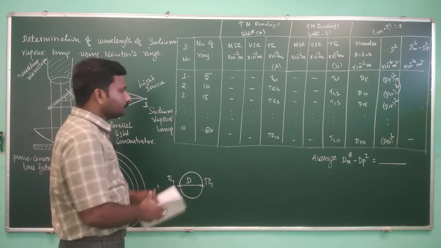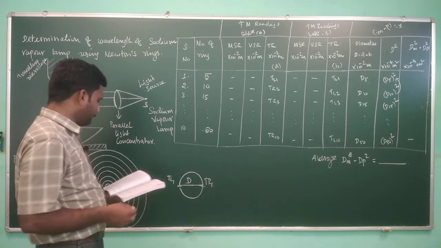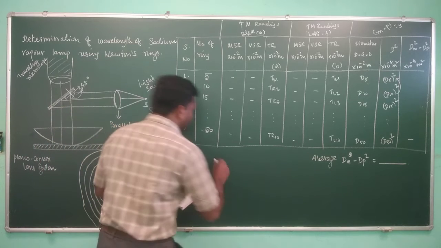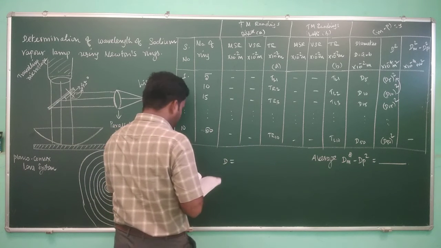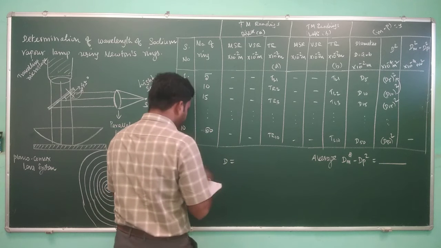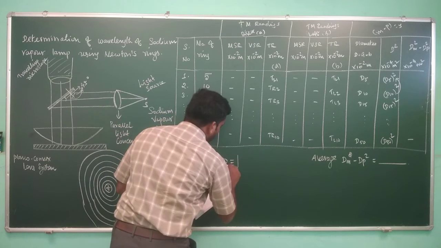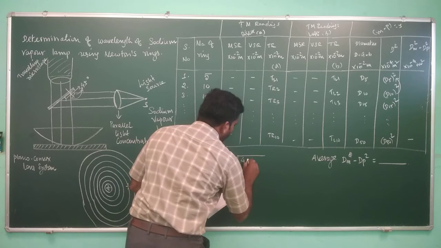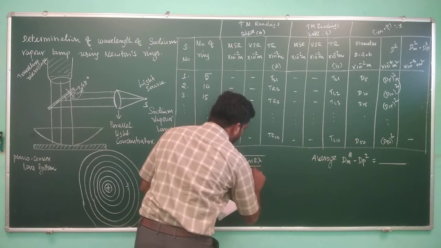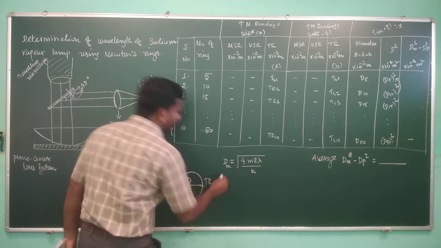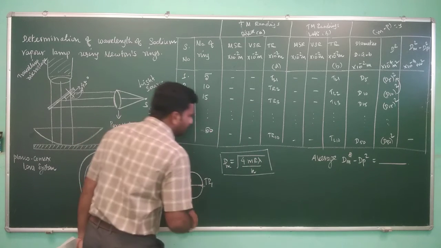Okay, good. Now we are having the Dm square minus Dp square formula. See, we have the equation for the diameter of the dark fringe. The diameter of the mth dark fringe is 4 m R lambda by n, right? This is the equation that we have derived just earlier in this lecture.